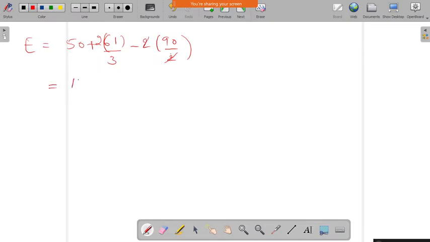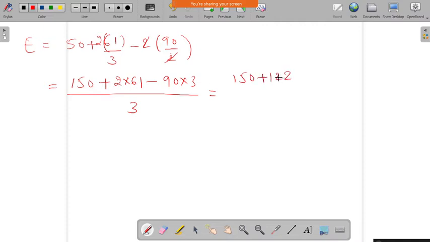So 3 into 50 is 150, plus 2 into 61, minus 90 into 3, and this whole is divided by 3. This will give 150 plus 122 minus 270 divided by 3. So this will give 272 minus 2 by 3.